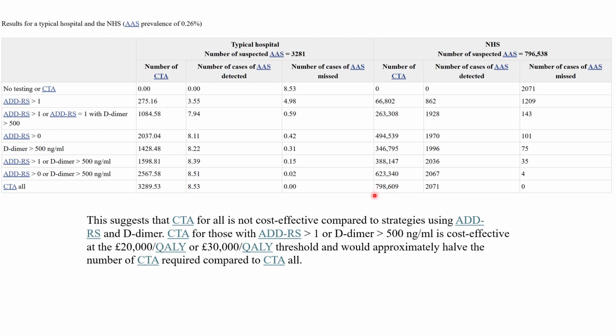That's a lot, and it's not just a small CT scan. This is a big, contrast intensive CT scan, right? And in the specific hospital, it will be 3,300.